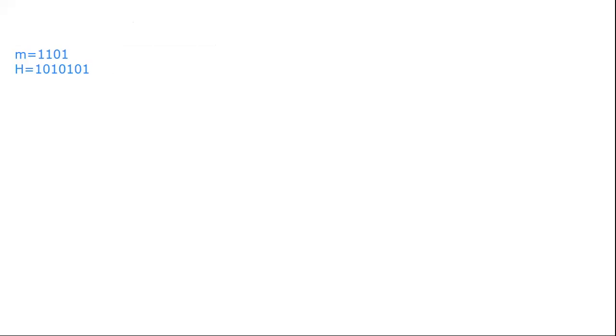See here. This is the transmitter. At this transmitter, we are sending the Hamming code, which is 1010101, whatever we are getting here. This is the transmitter side.